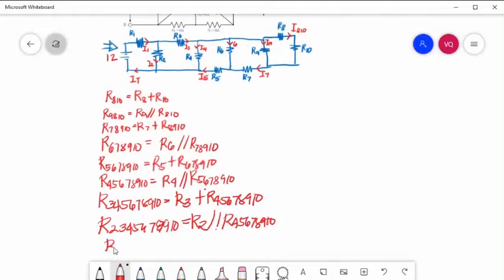So last one, our total in series with R1, 8, 9, and 10. So we will solve one by one.